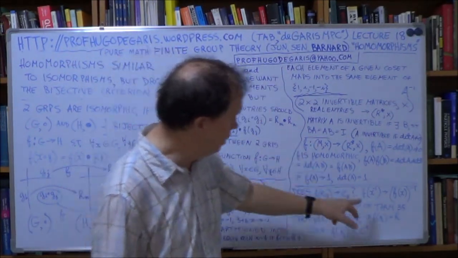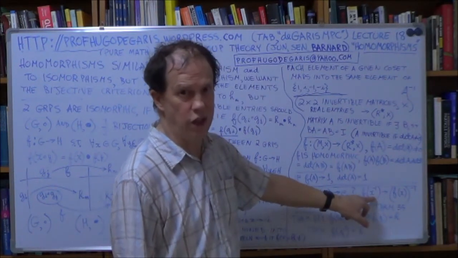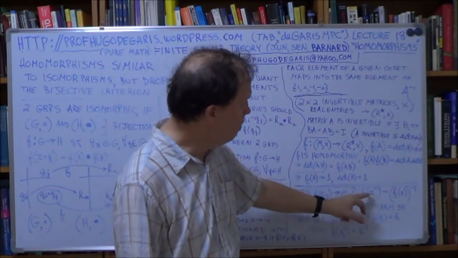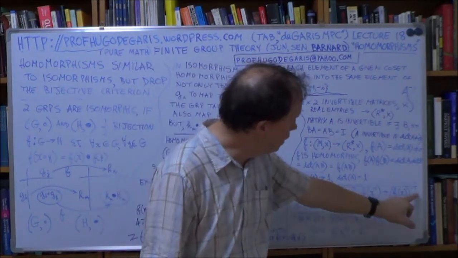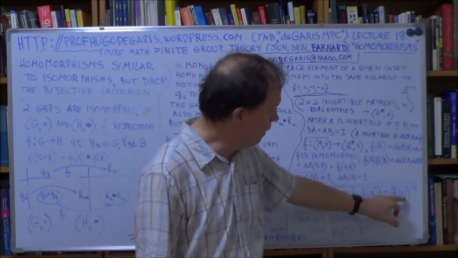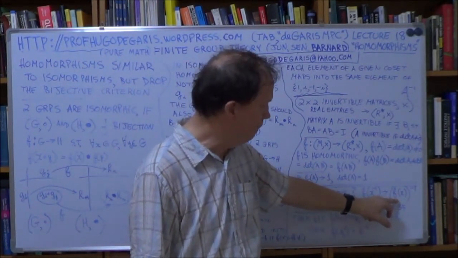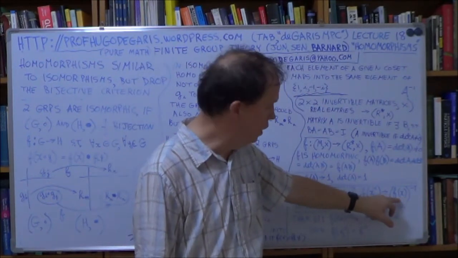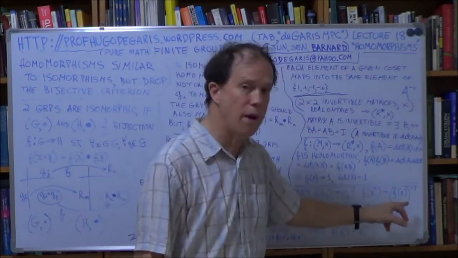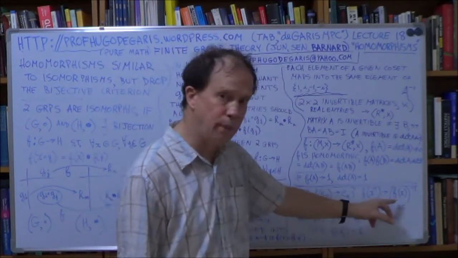A similar question is about the inverses in G, your first group. Do they map into the inverses of the image in the second group, H? So does the unit map? Does the inverse map?